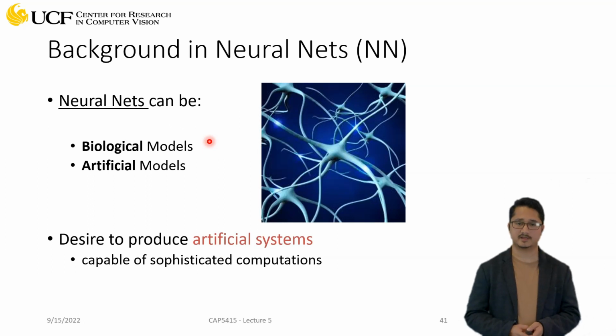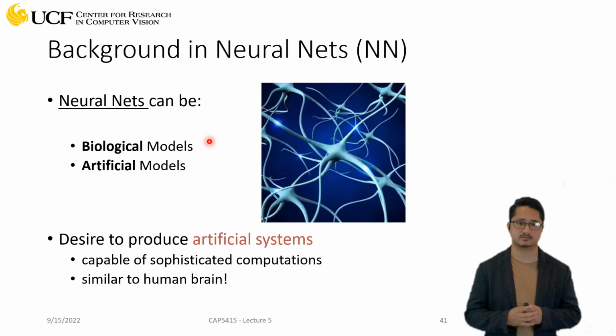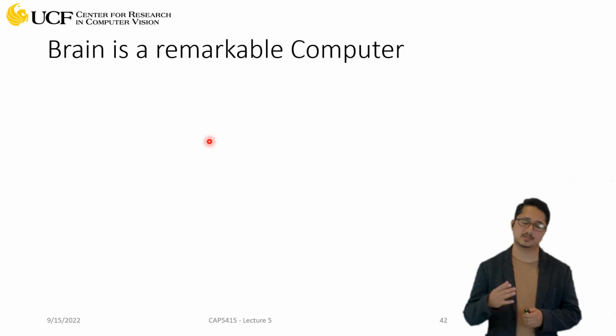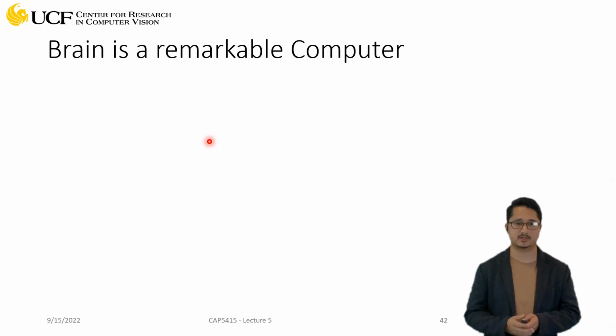The idea is, with this very simple operation where the neuron takes signal from multiple locations, performs a very simple operation, and then decides whether to pass this signal forward or not, this simple operation can help you build very, very sophisticated computational models. And that's how you build your neural networks. The idea is to approximate the human brain, but again, that's a goal. I mean, we are not anywhere close to that.